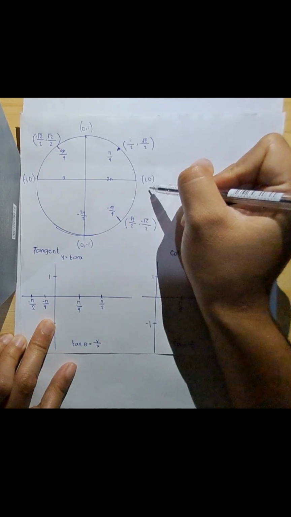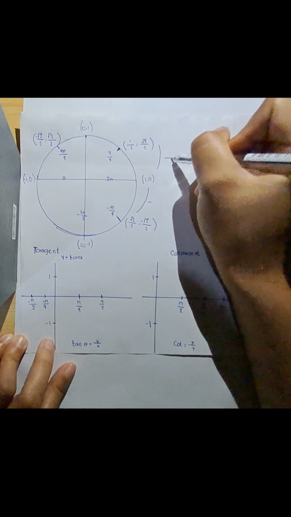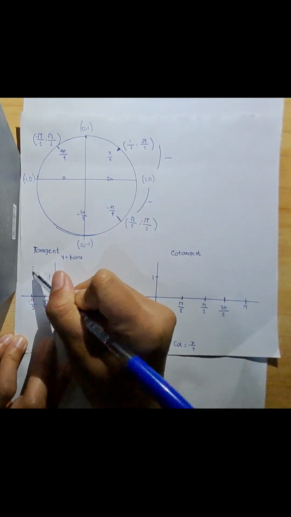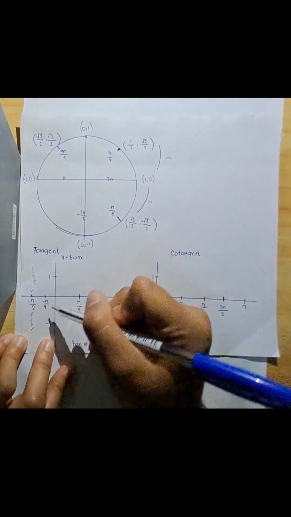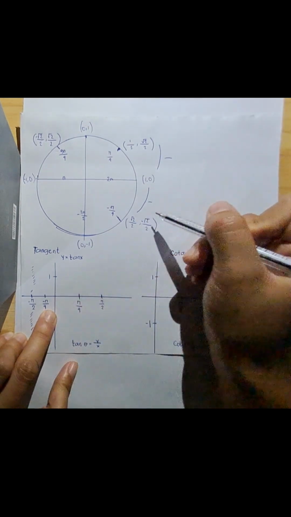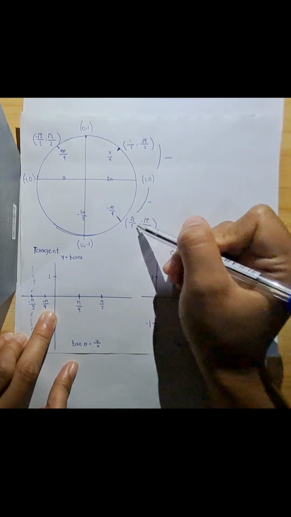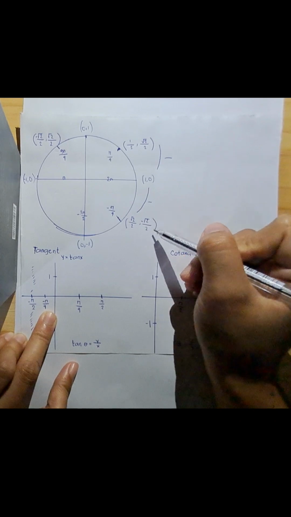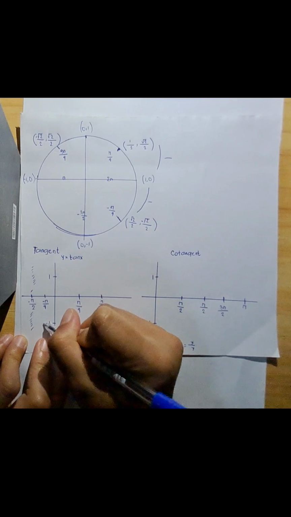From here to here we have a negative that is positive. Then we have a negative 1: square root of 2 over 2 divided by negative square root of 2 over 2 equals negative 1.